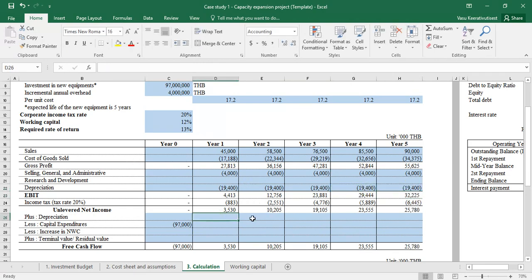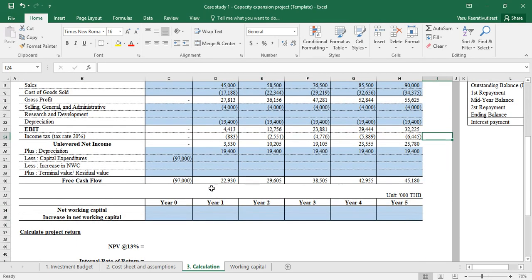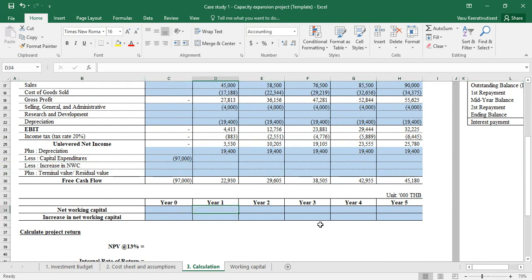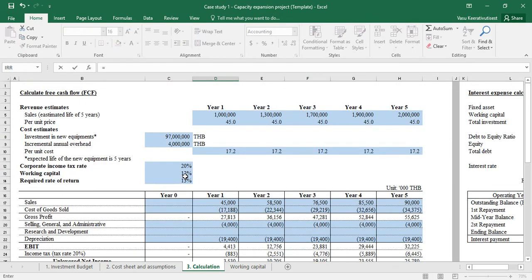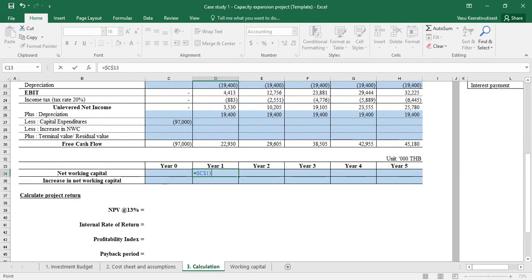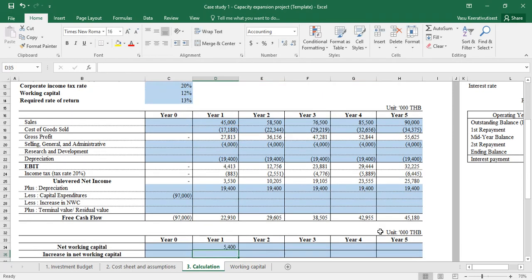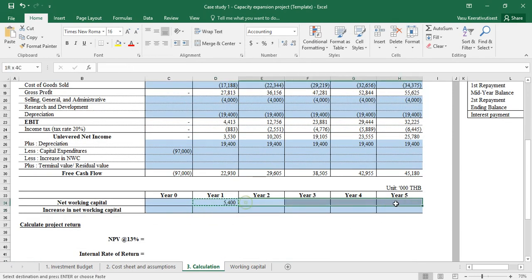Then you have to add back the depreciation, so you put it here. For the increase in net working capital, we need to use 12% as an assumption here. You press F4 to lock the sales percentage and multiply by your sales revenue. So here is what you need for the working capital for each year.